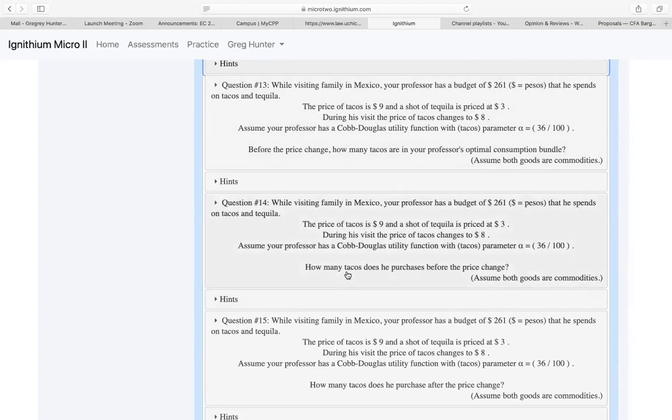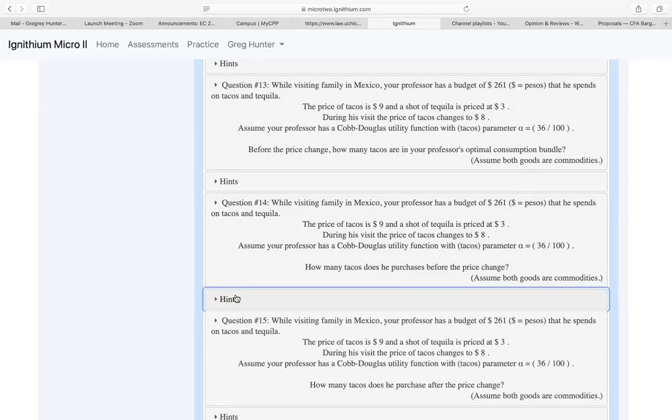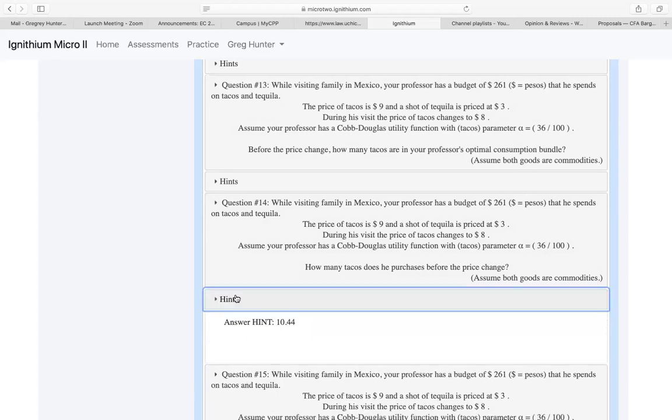And then question 14 says, how many tacos? And that's again to get you to realize that what you're coming up with is a prediction of how much the consumer will actually purchase. So it also has the same answer.